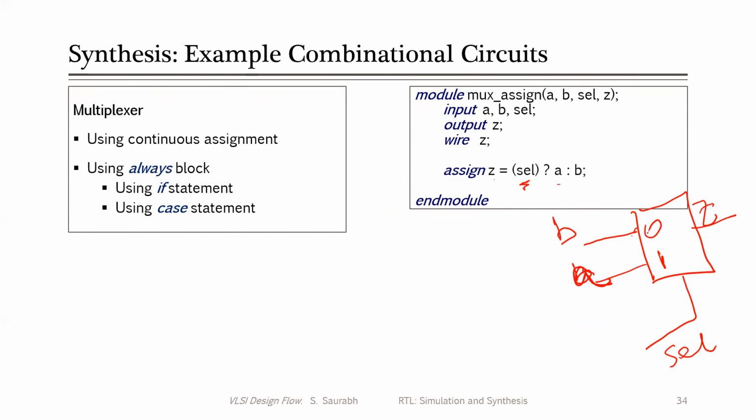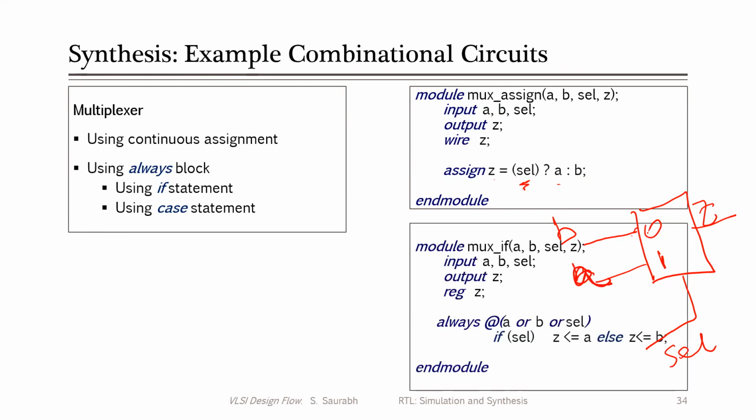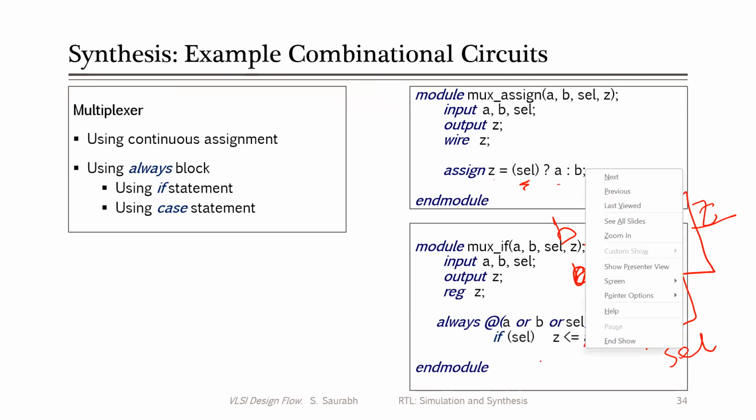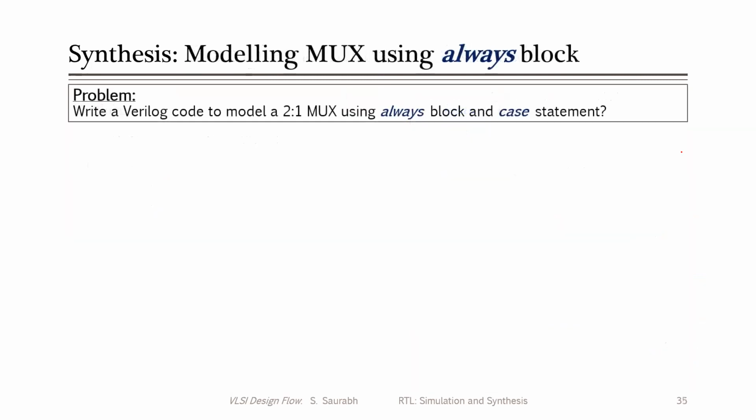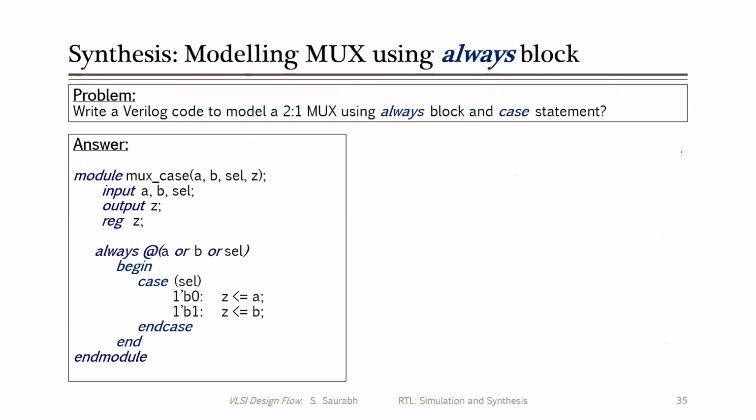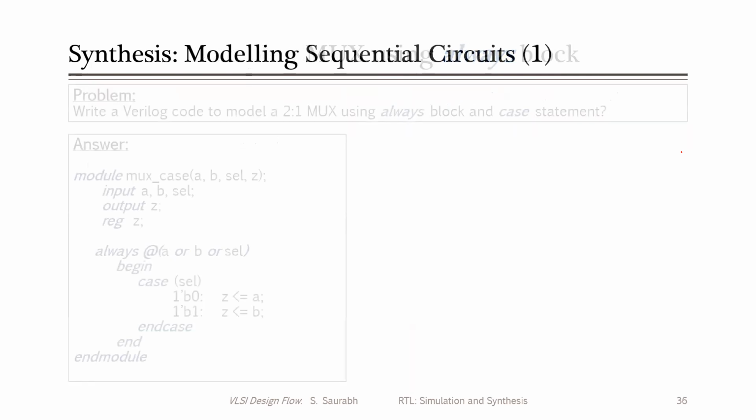And you can use either an if statement or a case statement to model the same thing. For example, if you want to use an if statement, then you write if sel then Z is equal to A, else B. So you'll get the same kind of circuit. And using a case statement also, we can get the same behavior, right?